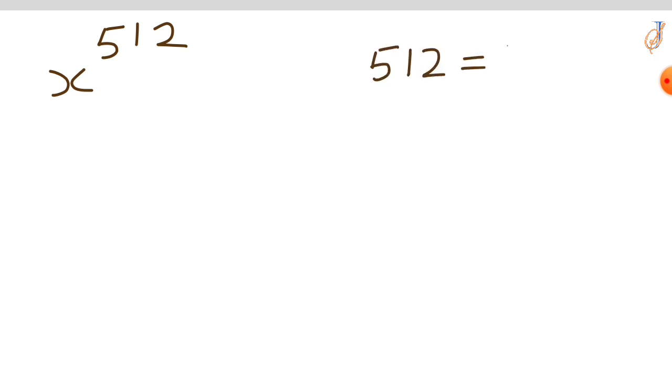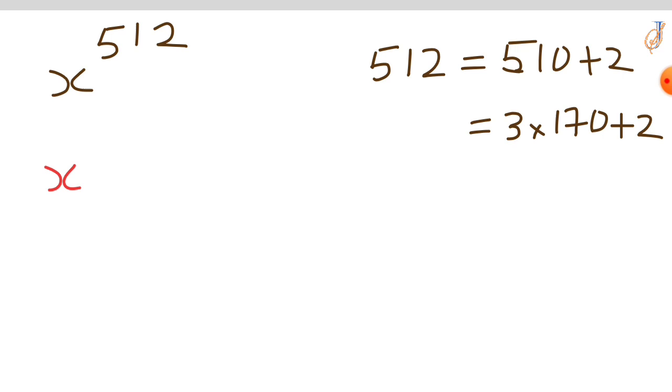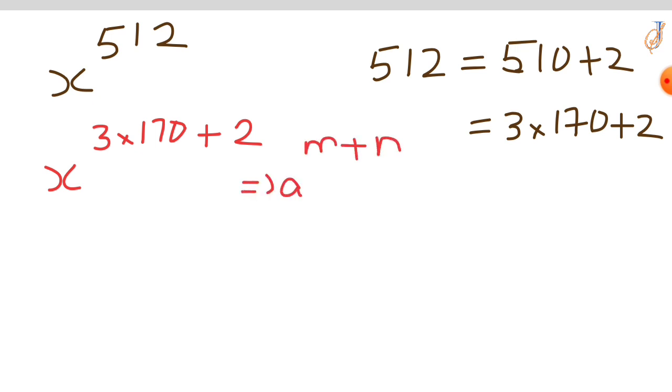We can write this as 510 plus 2, and 510 we can write as 3 times 170. So x power 512 is x power 3 times 170 plus 2. Now it is in the form a power m plus n. This is m, this is n.